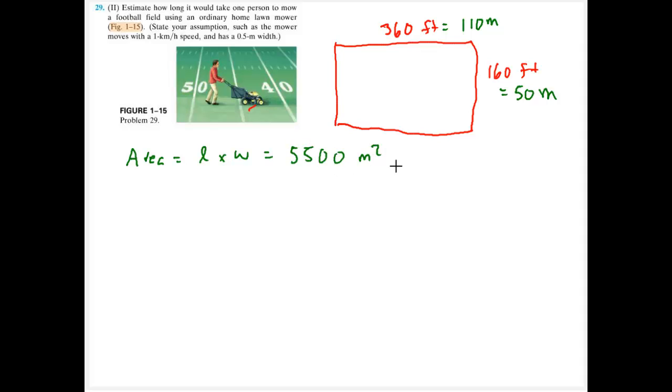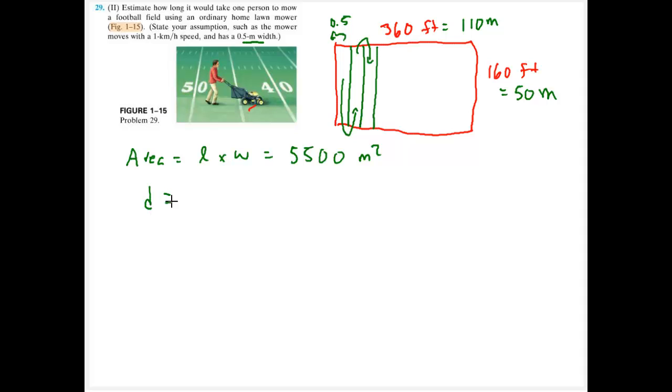5,500 square meters. Now what I want to do is say, well, suppose my lawnmower has a width of 0.5 meters, so I'm going to chop this guy up, and each one of these stripes is going to have a width of 0.5. That's me essentially walking up and down the field once. The distance that I'm going to need to travel is essentially how many of these I have to do.